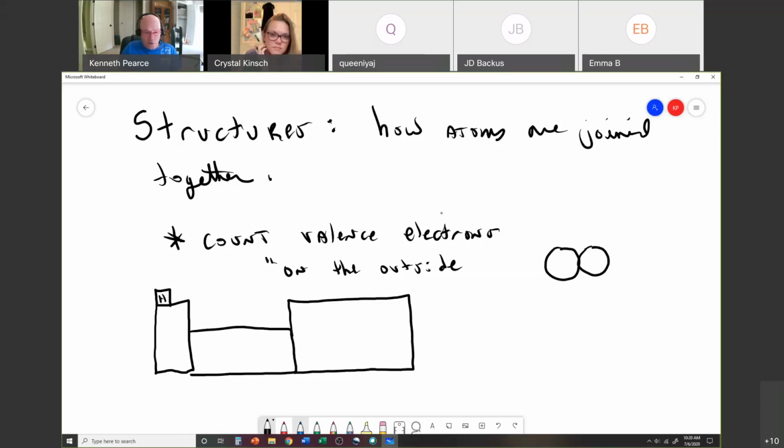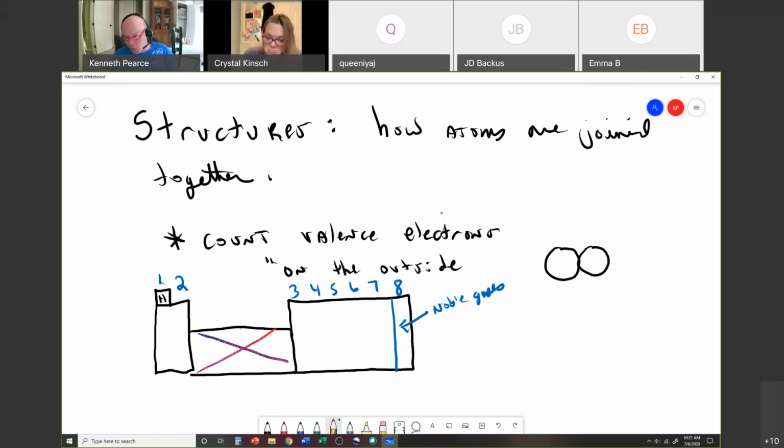We can count the number of valence electrons, and it goes 1, 2, 3, 4, 5, 6, 7, 8. And here are your noble gases, just to give you an idea of the layout. Everybody see how that runs? It's also the same as the group number. In the middle, where those transition elements are, we won't care about those.